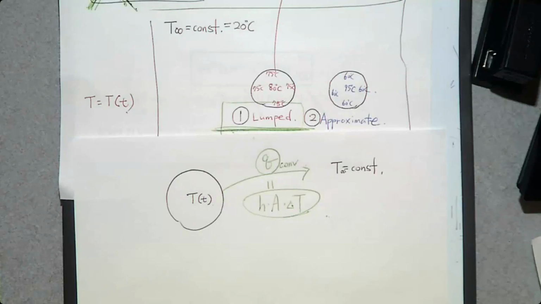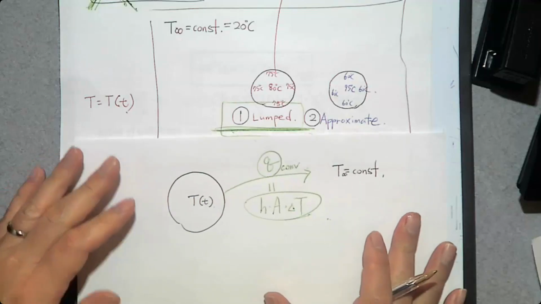When I say the solid is 70 degrees Celsius, the center of the solid is 70, the surface of the solid is 70. So you don't need to worry about temperature gradients inside. You can just assume that the surface temperature of the solid is the same as the entire temperature of the solid. That is the lumped system.